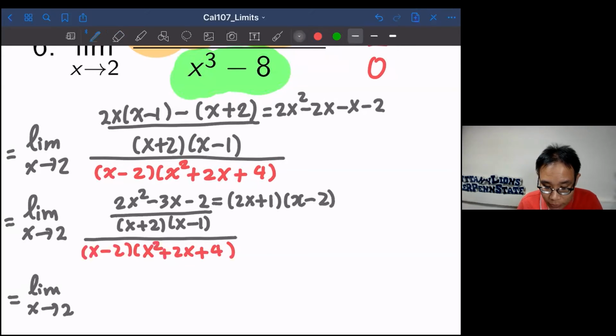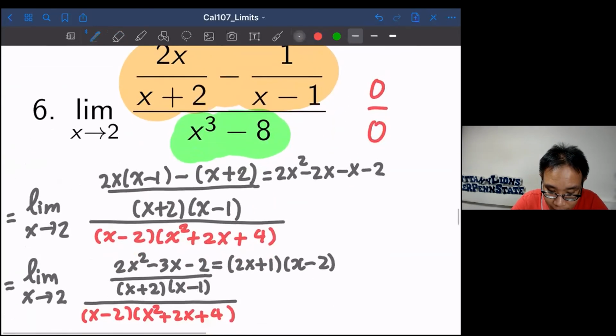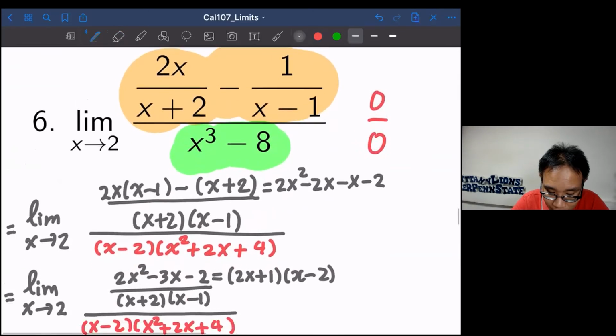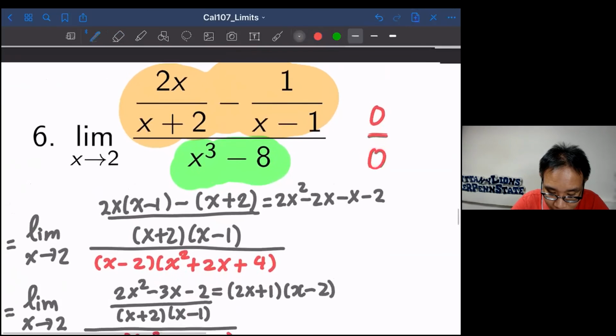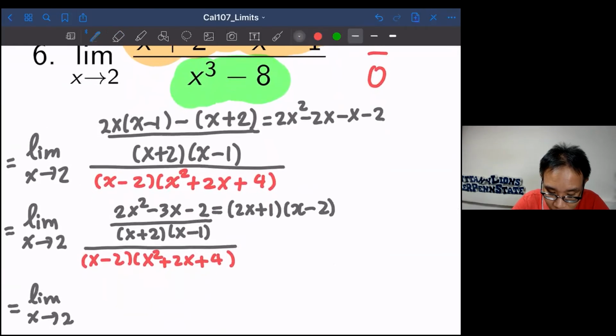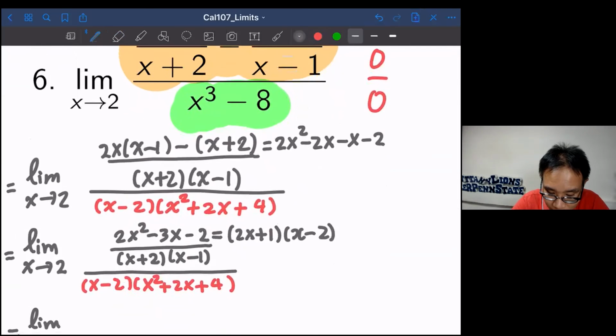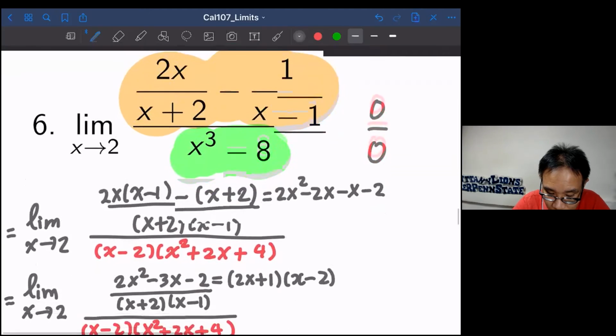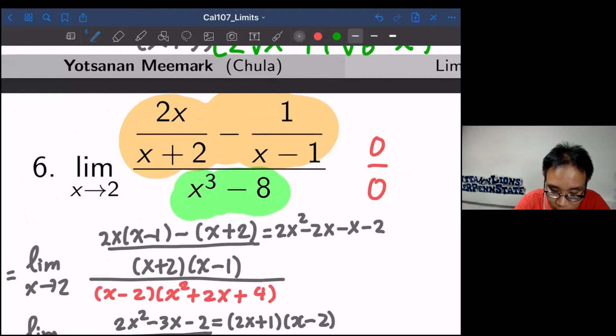Let me check this one a little bit. Where is my mistake? It's going to be minus x minus 2, minus 3x minus 2. It should be correct, right?